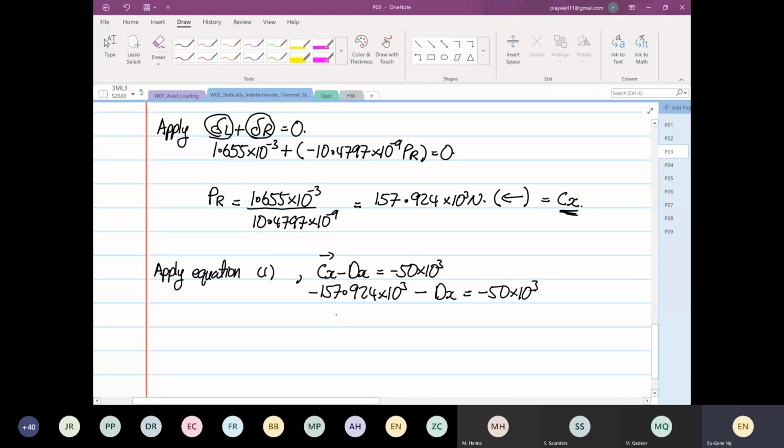So we get DX will be equal, so we bring over, so will be equal to minus 107.924 times 10 to the power 3 Newton. So we realize that, hey, we also got it wrong also, because minus means the direction is wrong. So this will be equal to 107.924 times 10 to the power 3 Newton, and is going towards the right-hand side.